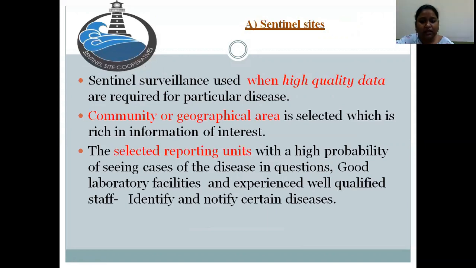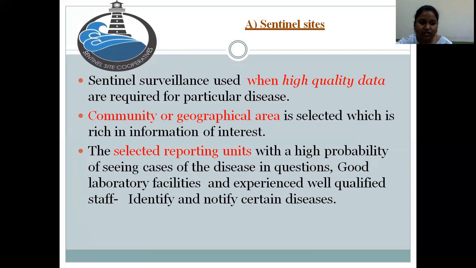So in this, there are different sets of methods. First is the sentinel method, which gives highly quality data for a particular disease, in which a community or geographical area which is rich in information is selected, and they report all the units with a high probability of seeing the disease in question.